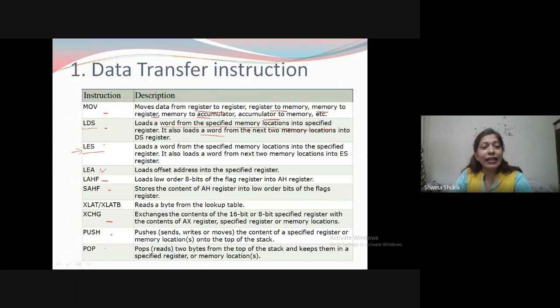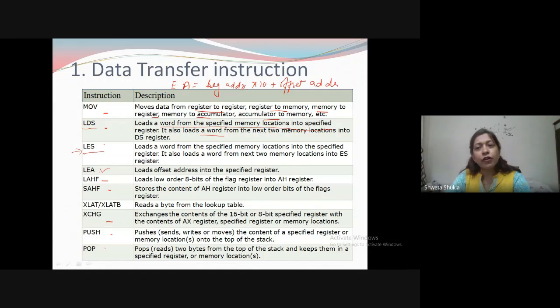Now let's come to LEA. LEA means load effective address. We know the formula for effective address: EA is equal to any segment address multiplied by 1 plus the offset address related to that particular segment.